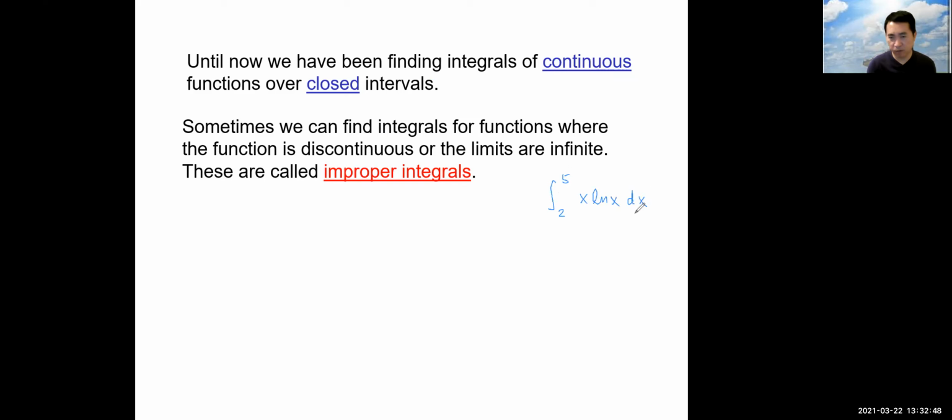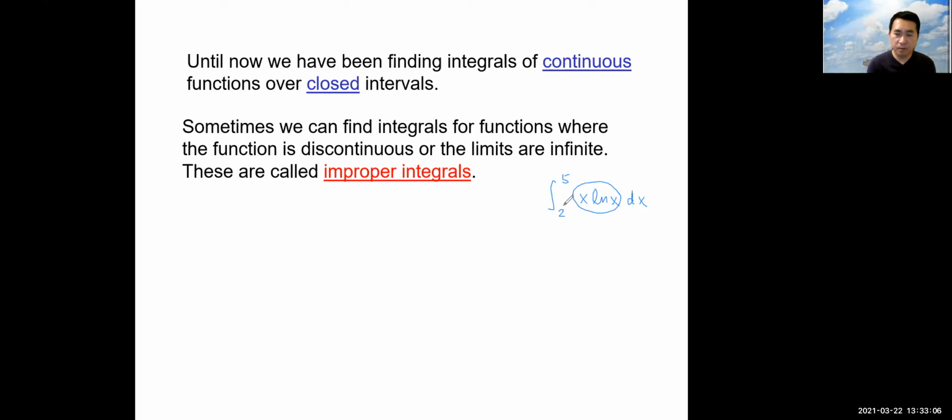So this is the integral. Now, if you graph the function x natural log of x, you notice that it is continuous on the interval from 2 to 5, and so it's proper, okay?